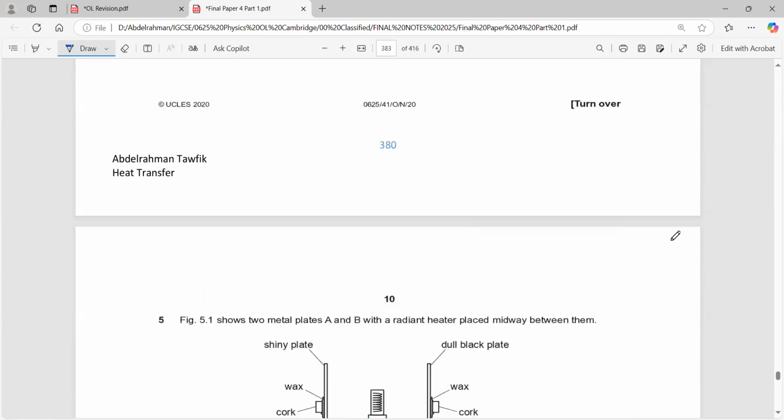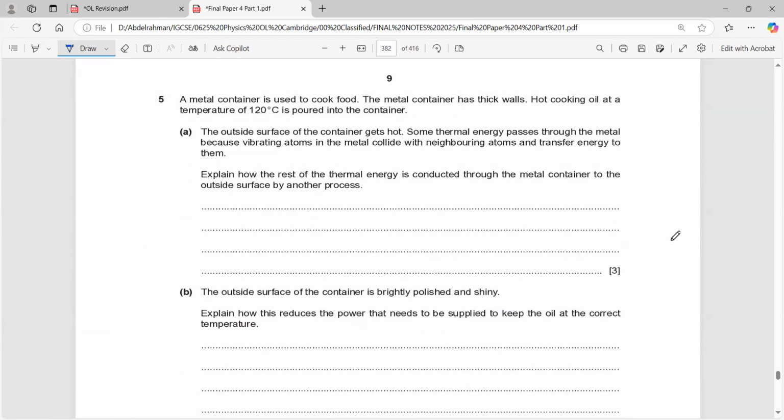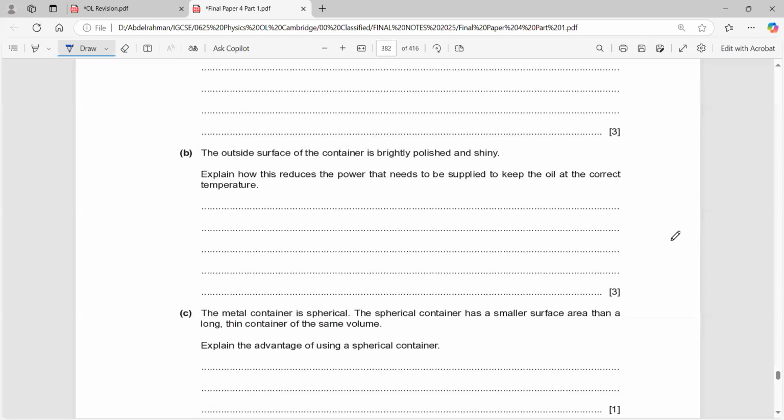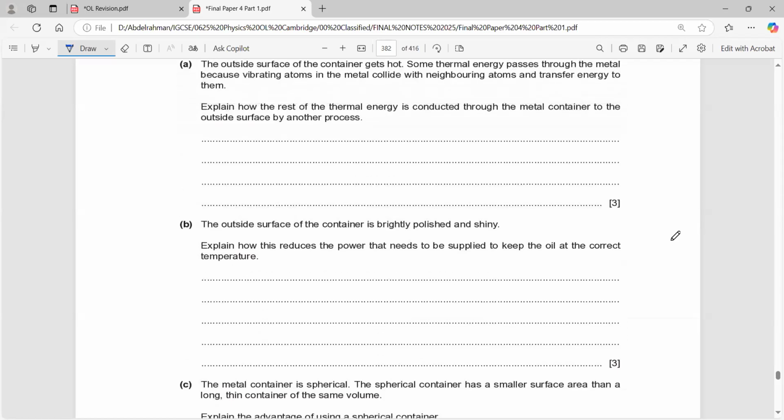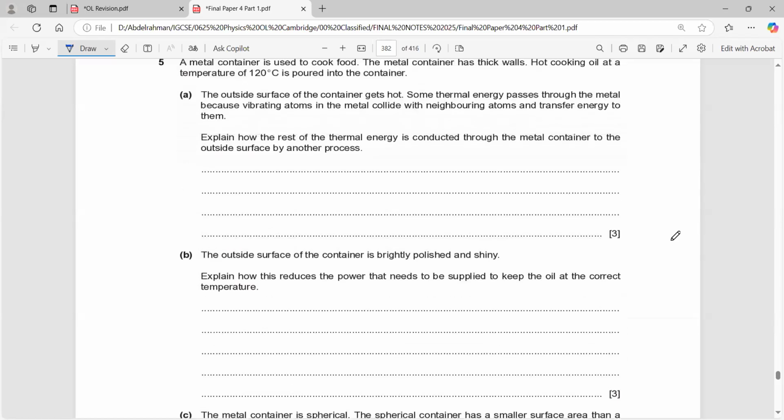To be honest, these questions are that easy. When you have questions regarding heat transfer, he doesn't have that much to ask about. It's either conduction, so you have to state lattice vibration or free moving electrons.